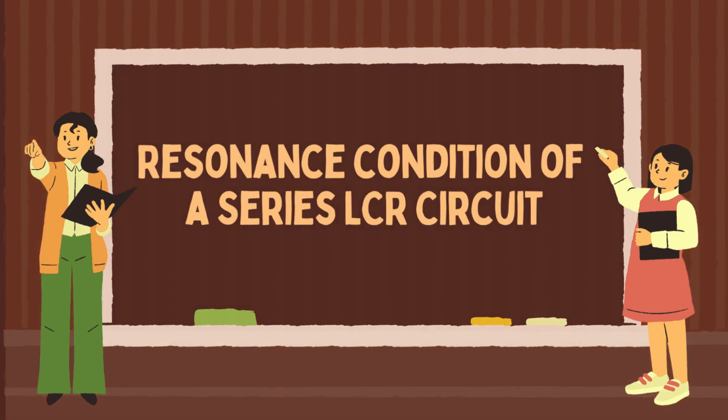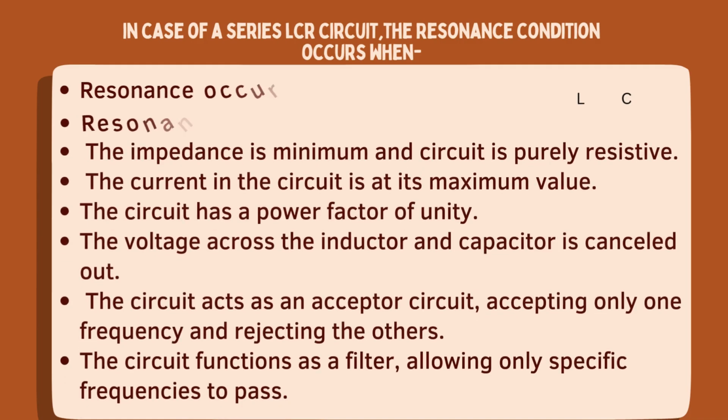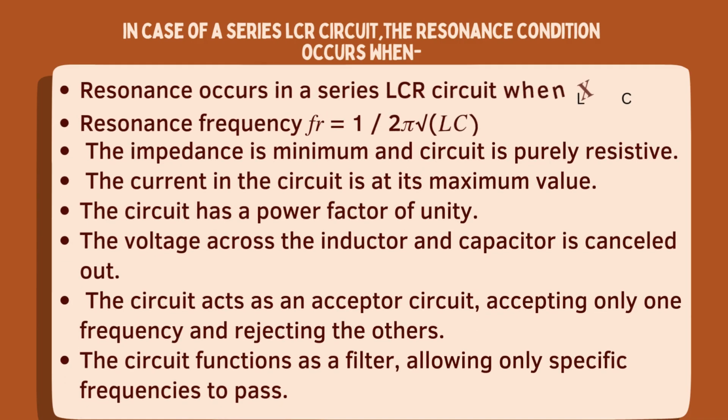In an LCR circuit, the resonance condition occurs when the inductive reactance is exactly equal to the capacitive reactance. The frequency of resonance is given by 1 by 2 pi root over LC, where L is the value of the inductance and C is the value of the capacitance.